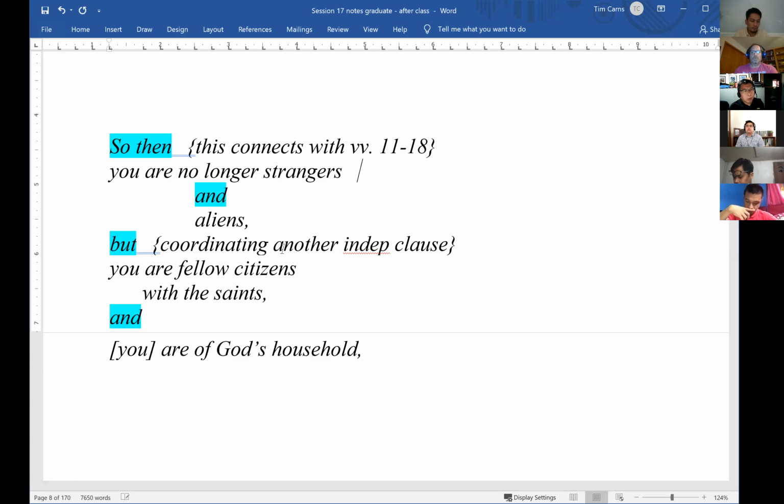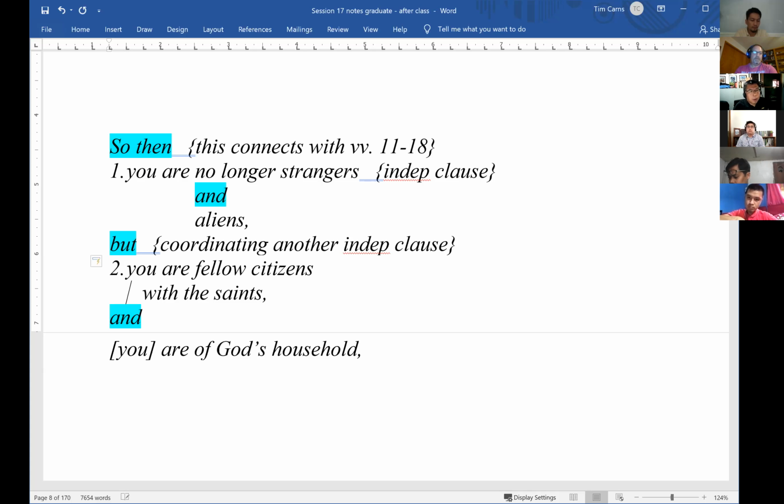Because it's coordinating with this clause, which is an independent clause. Well, how do I know that? Because "but" is a coordinating conjunction. Therefore, it joins two series of words that are grammatically equal. Okay, so if I'm diagramming, this is point number one, or if I'm making an outline, this is point number one.